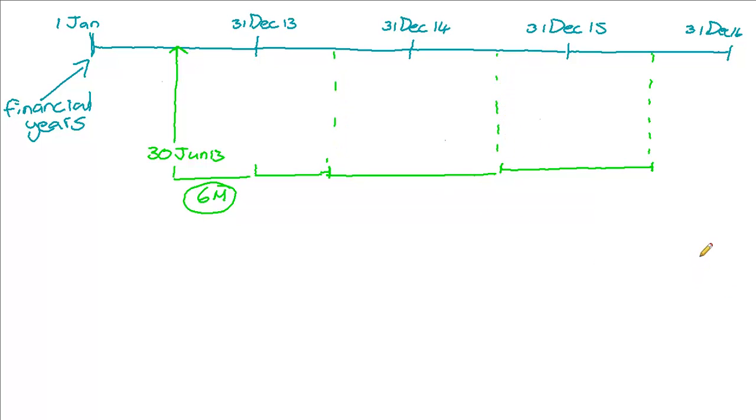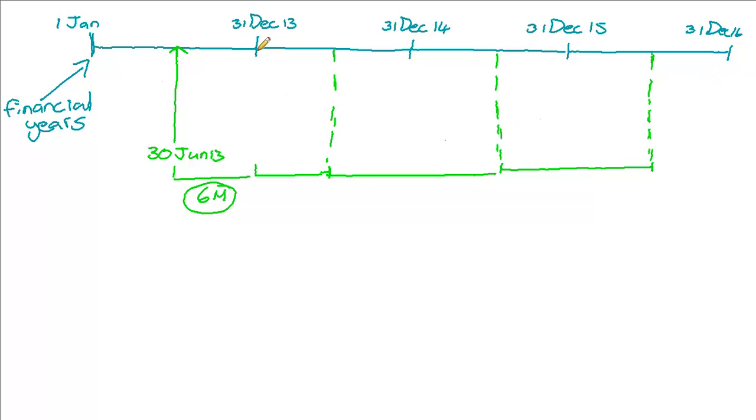So there you can see the blue line at the top is the 4 financial years, and the green line at the bottom here, we can see the breakdown of our 3 useful life years of this asset. And you can see that they overlap the financial year ends, and that's why there's different usage of the assets in the different years.